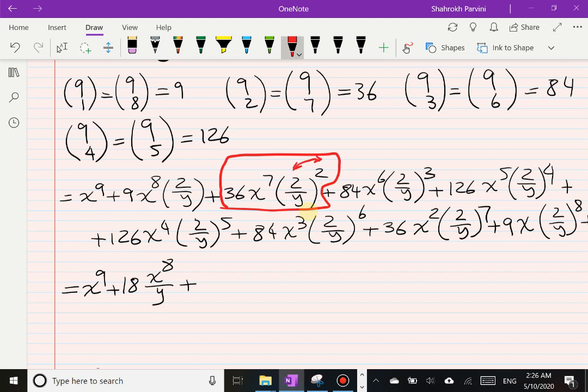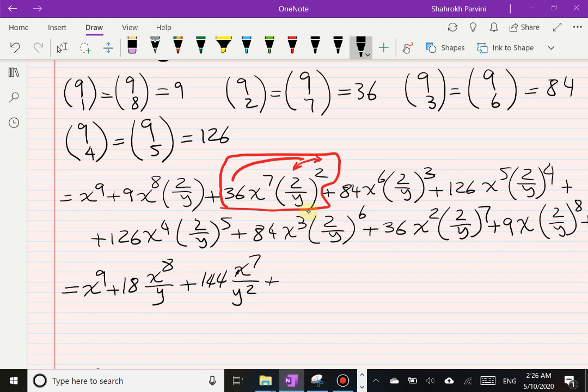That's 4. Then it multiplies by 36, right? So 36 times 4, that's 144. This is going to become 144 x to the 7. And then y becomes squared, right? Y squared.